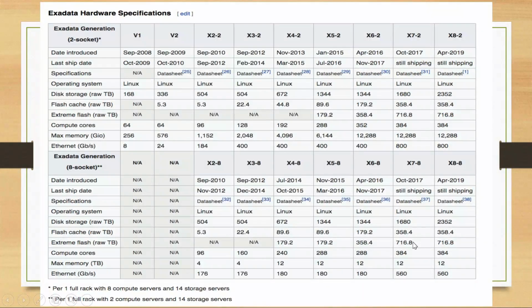Then if you see the history of the Exadata box, starting with V1, V2, and then they started with the X series: X2, X3, X4, X5, X6, X7 and X8 is the latest one. Again you can see 2 socket always ends with 2 and 8 socket always ends with 8, like X2-8, X3-8, X4-8, X5-8, X6-8 and X7-8.